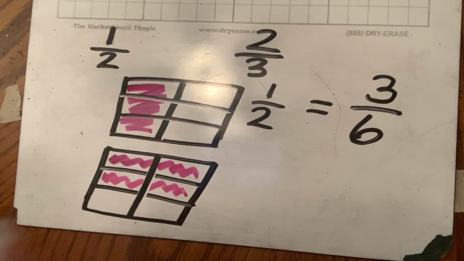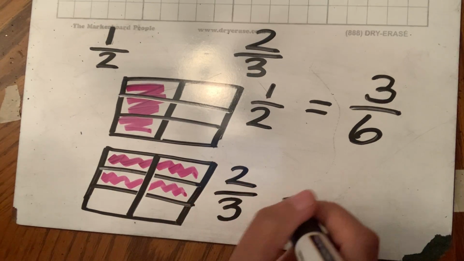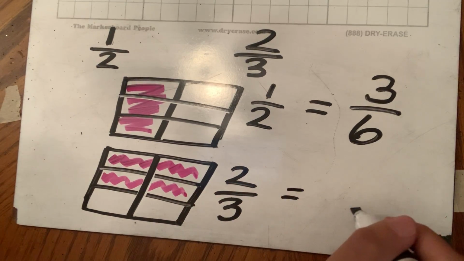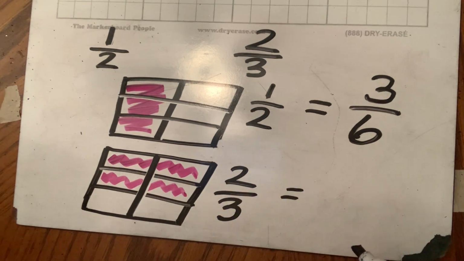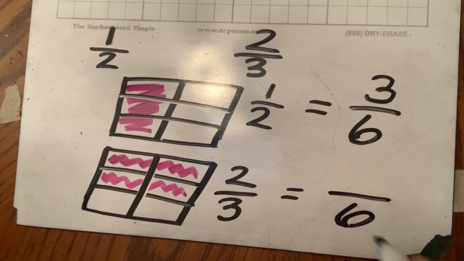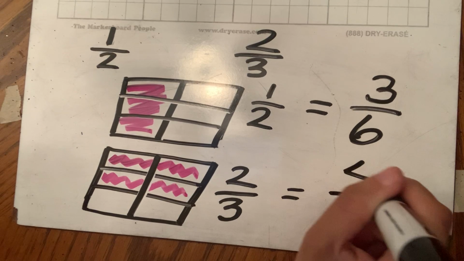And my 2/3 are no longer 2/3, right? It looks like I have 6. How many parts of my 6 are shaded now? 4.